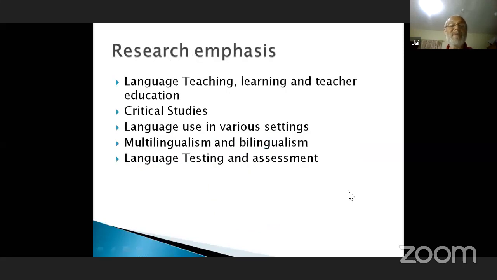Now, research emphasis broadly is seen on applied linguistics, on language teaching, language learning, and teacher education. If you look at teacher education, yesterday, I think Richard Smith shared one book, Collaborative Action Research, Teacher Research. If you have downloaded that book from his link, please do that.